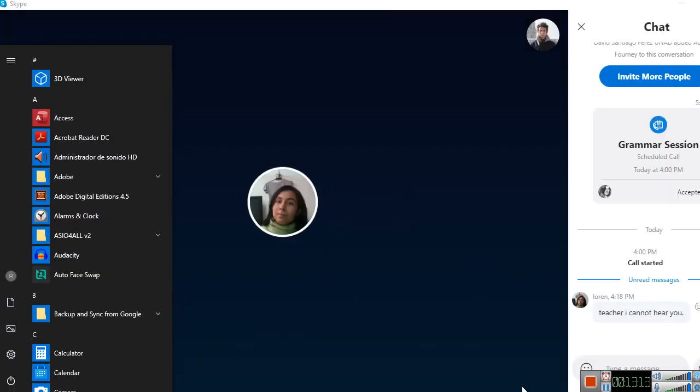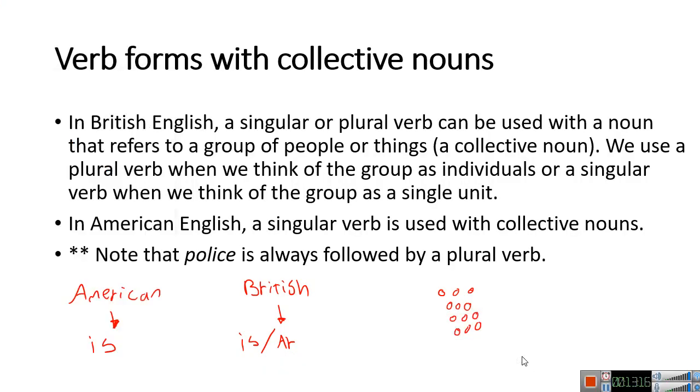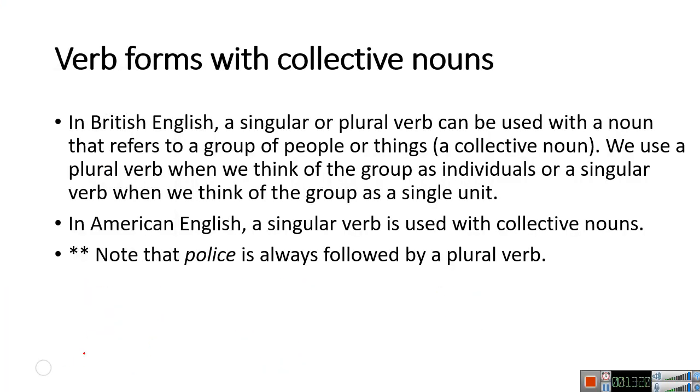Okay. This slide. So, let me do it again. Erase. So here we're going to talk about verb forms with collective nouns. Collective means group. Groups. In British English, a singular or plural verb can be used with a noun that refers to a group of people or things, a collective noun, that is.